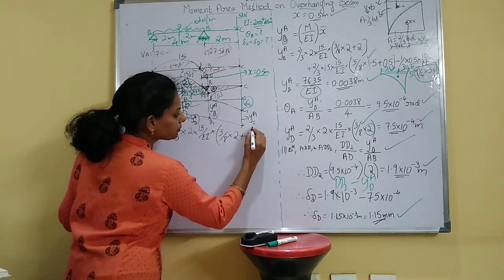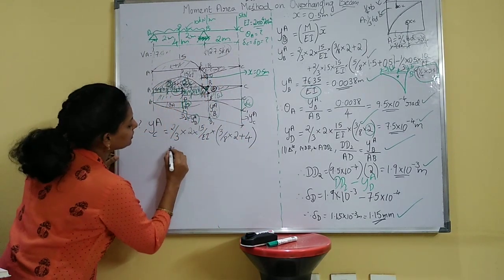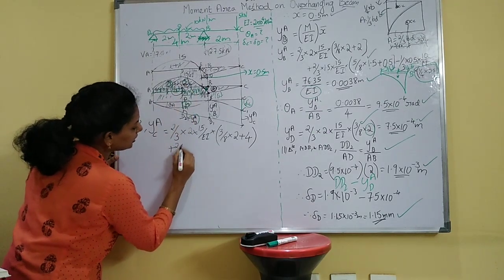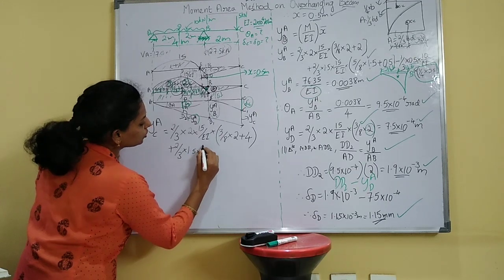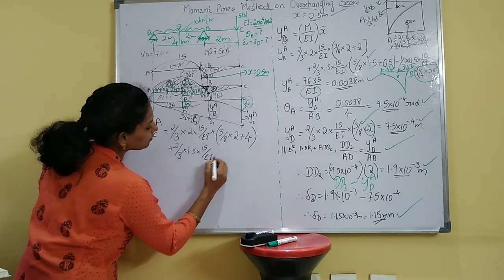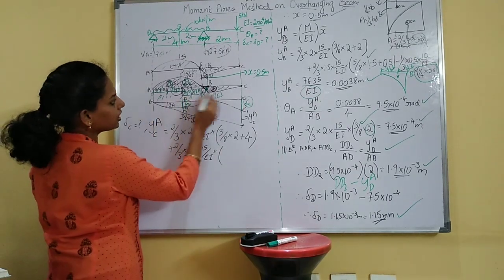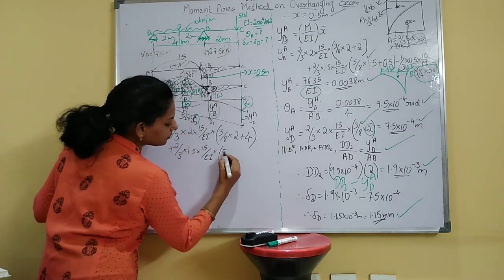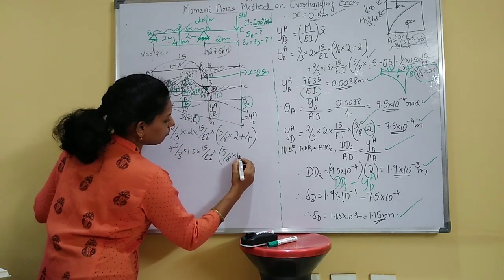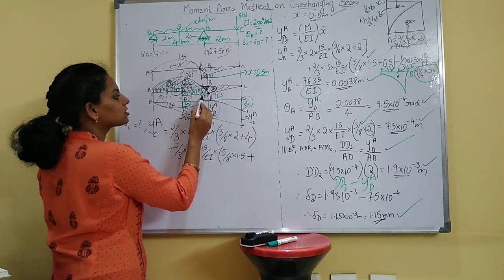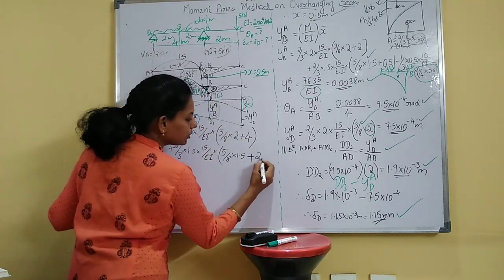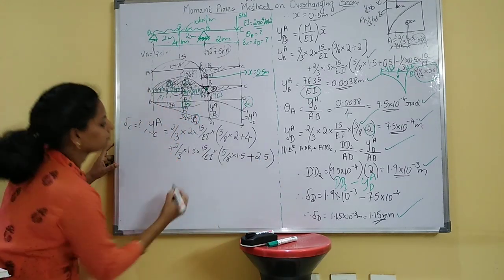4 meter. Okay. Next, second region, it is 2/3 of, your distance is 1.5 into 15 by EI. Again here nearer to C is 5/8 of B. B is 1.5 into this total distance. This is 0.5 and this is 2, so it will be 2.5.